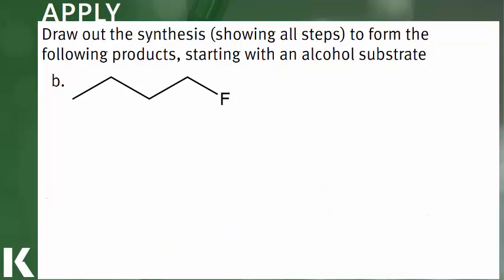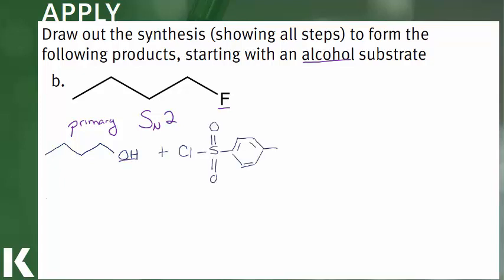Now in B, we are adding a fluorine in place of an alcohol. So our starting substrate would just have an alcohol group instead of the fluorine. Notice what we have here is a primary alcohol, which indicates that this will follow an Sn2 pathway. So we first need to convert that OH into a better leaving group, and we can do that with the addition of a tosyl group.